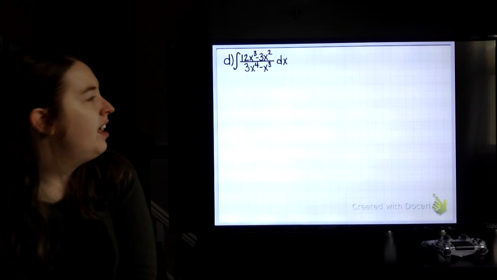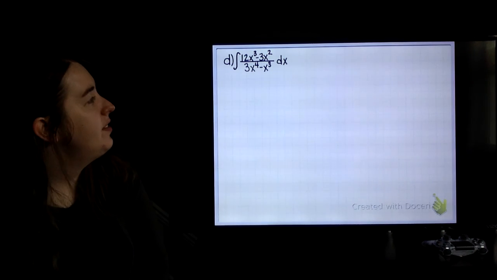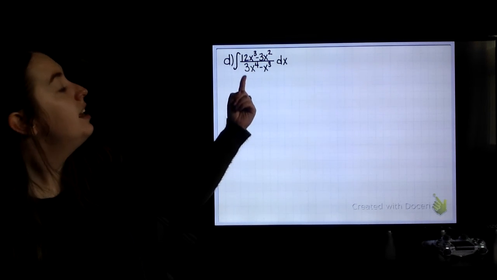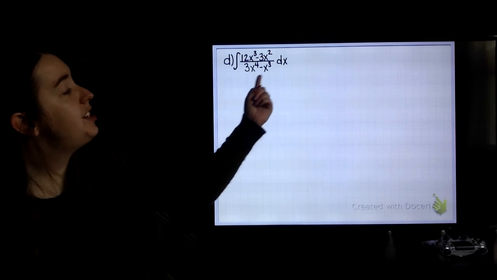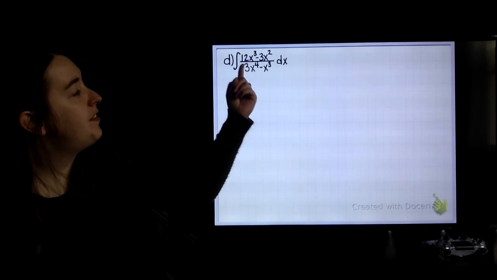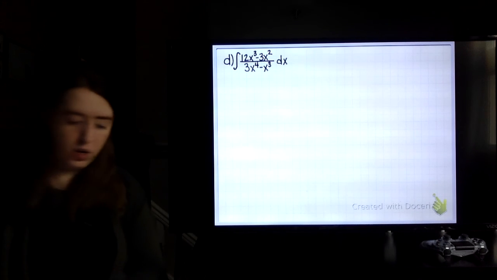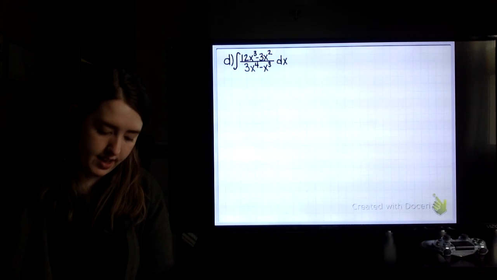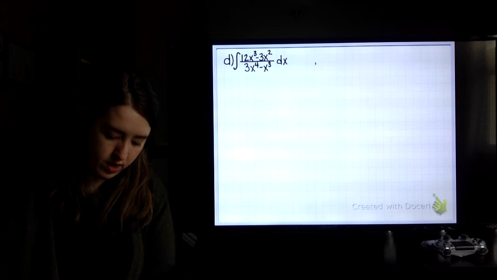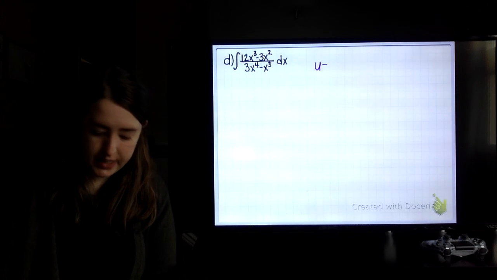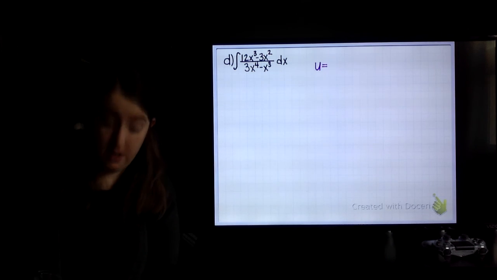So if we look, which one is the derivative of something else? Yeah, so if we take the derivative of the denominator, that's when we get the numerator, right? So I'm going to go ahead and call u the denominator, since the numerator is its derivative.